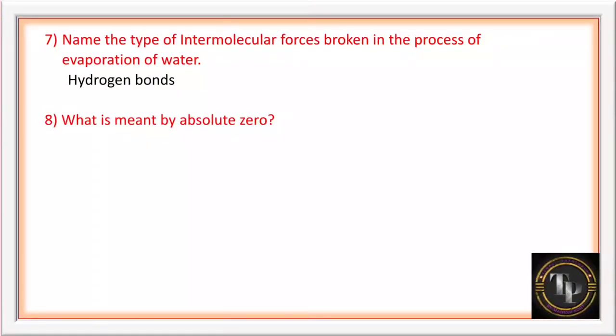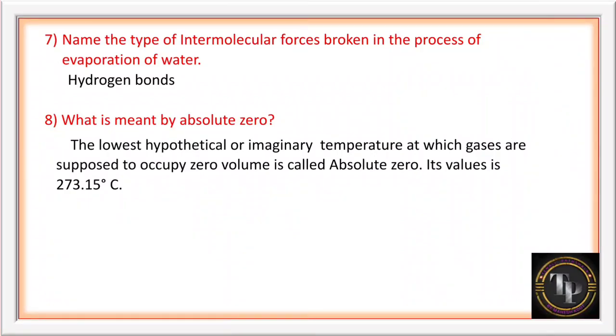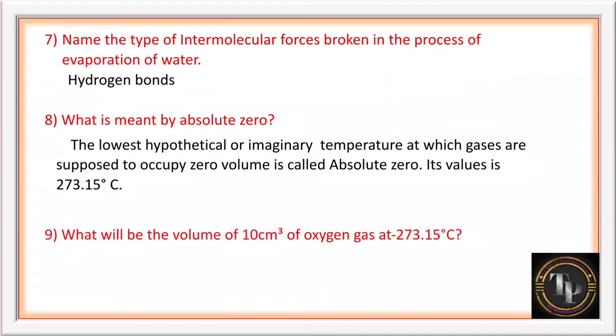What is meant by absolute zero? The lowest hypothetical or imaginary temperature at which gases are supposed to occupy zero volume is called absolute zero. Its value is −273.15 degrees Celsius.